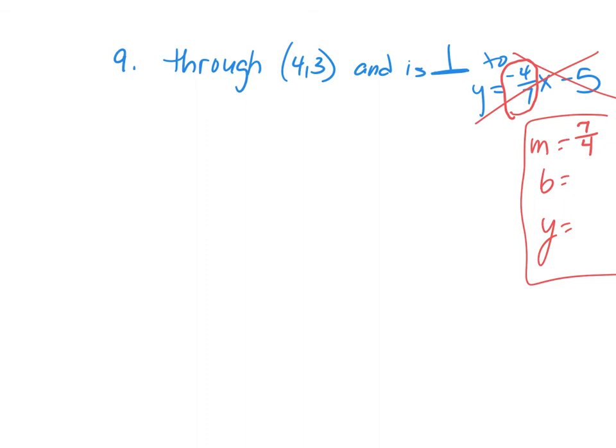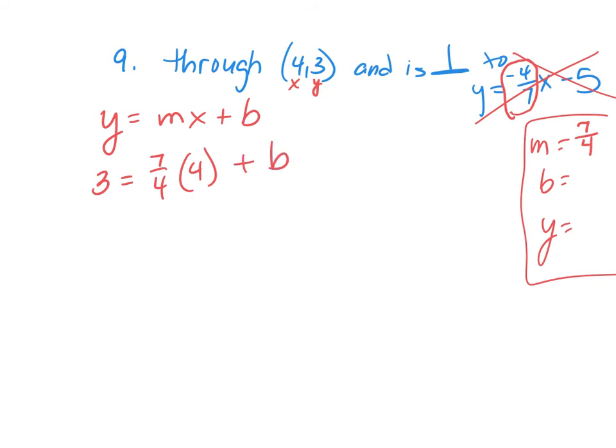So now we've got y equals mx plus b. We know y is 3, x is 4. So we have 3 equals, we know m is 7/4 times 4 plus b. 3 equals 7 plus b.